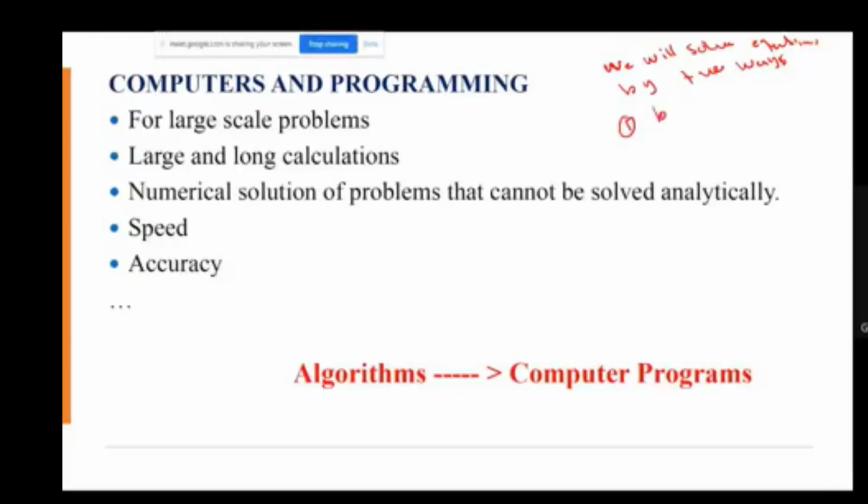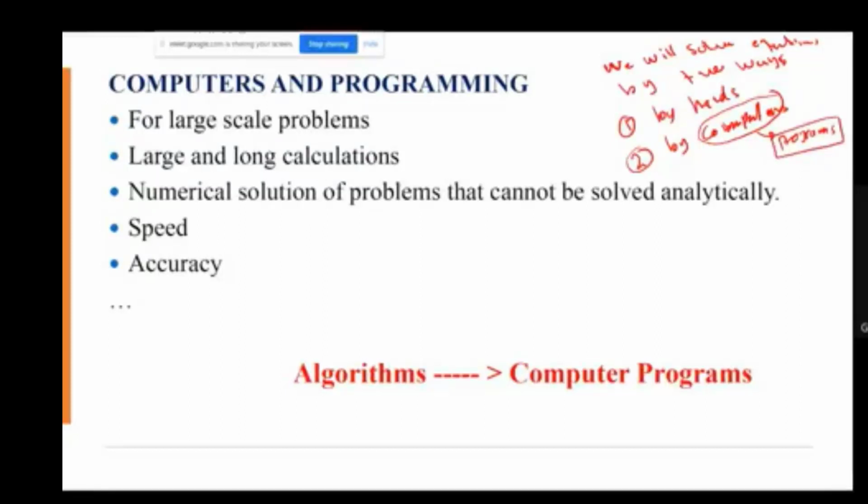First, by hand, and second, by computers. Computers, I mean by a program or programs.